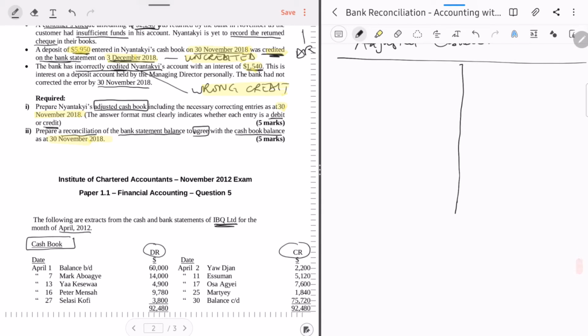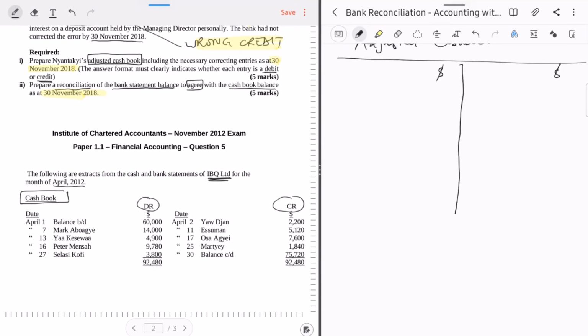All right, as usual, dollars. What I want to do with you today is we will compare transaction by transaction to see if everything on the cash book is in the bank statement and everything in the bank statement is on the cash book. The ones that are not, that's what we'll pick out as the answer. It's very easy, but be careful. Some of them are very, very tricky.